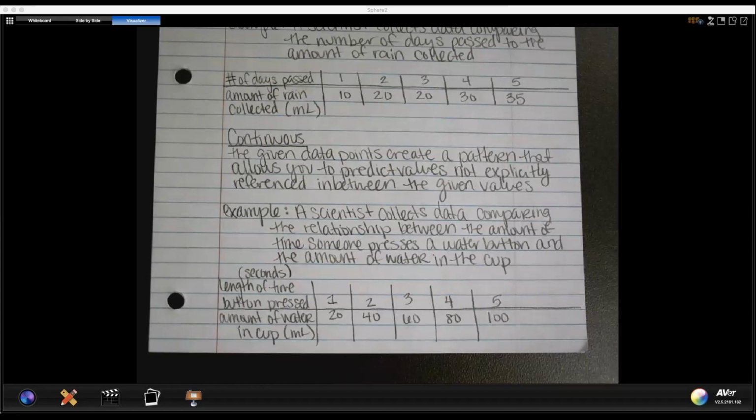For continuous, I could have half of an endpoint. I could do 1.3 seconds. I also could accurately predict the future, because there's such a strong pattern, I could predict what happens next. So those are some of the differences between discrete and continuous.